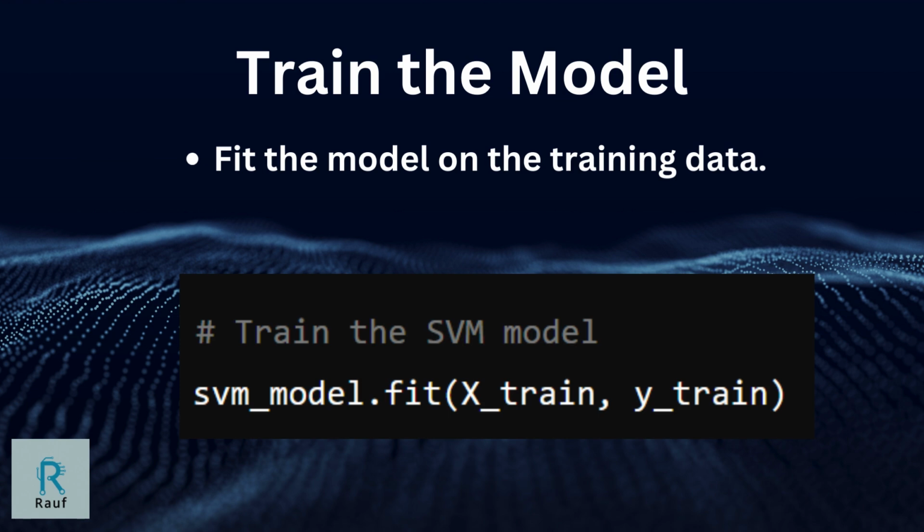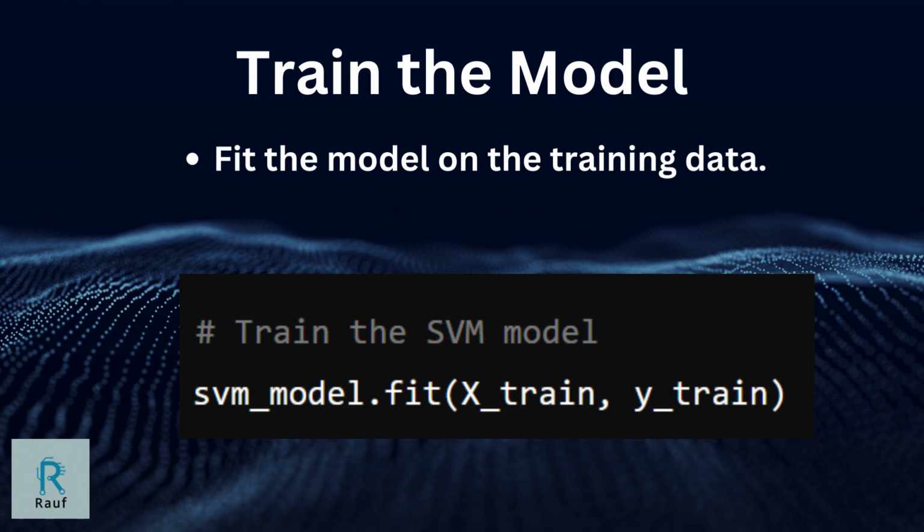Training the model with the sklearn library is very easy. I already explained the sklearn library in the previous video. I show the link in the description. Okay, so here I train the model by fitting it with X train and Y train, the data points and the target labels. X train is the data and Y train is the targets.